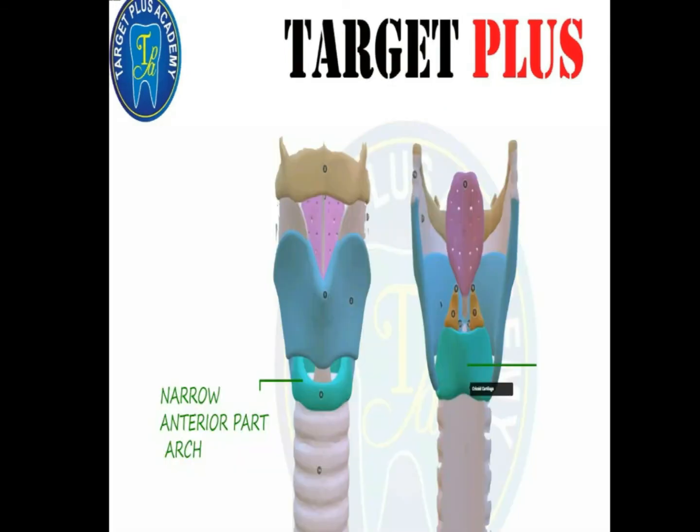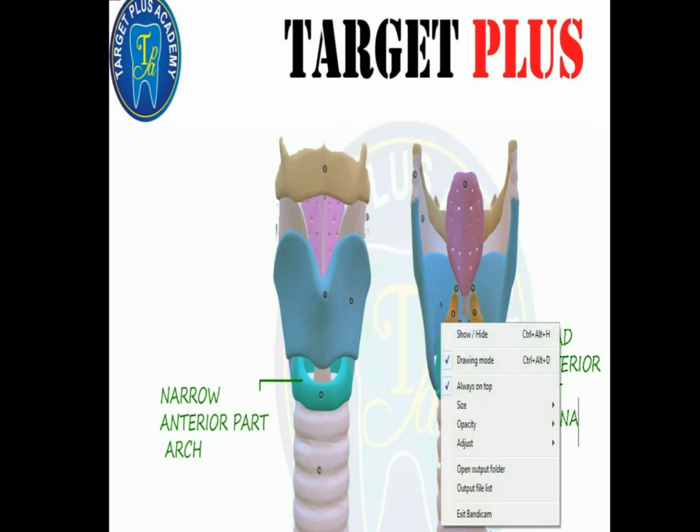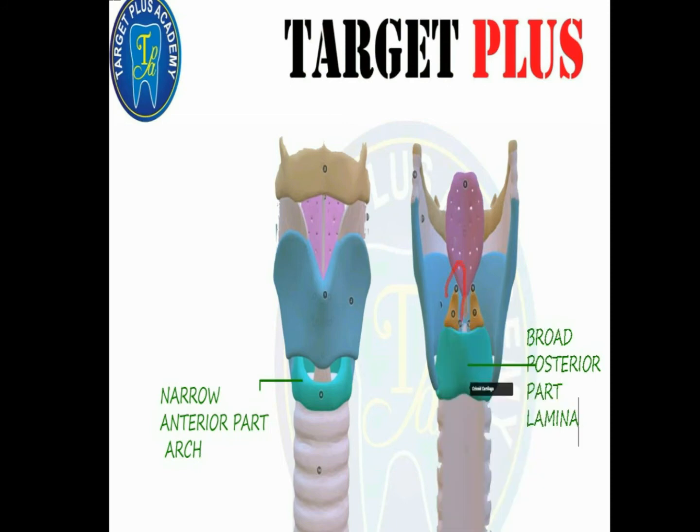Now remember, the ring has a narrow anterior part known as the arch, and a broad posterior part called the lamina. The lamina projects upward behind the thyroid cartilage and articulates superiorly with the arytenoid cartilages. So these are the arytenoid cartilages.